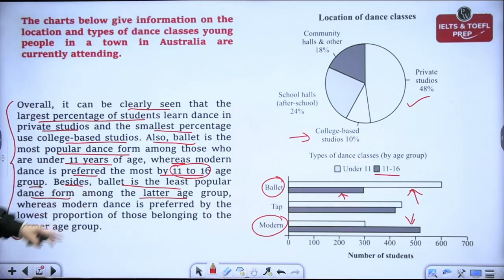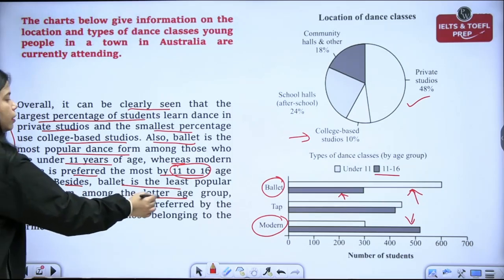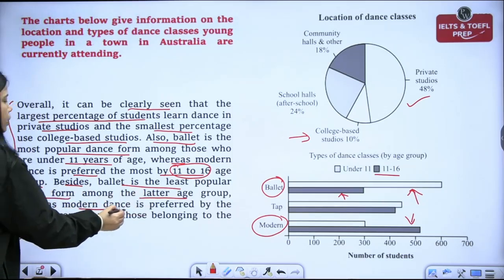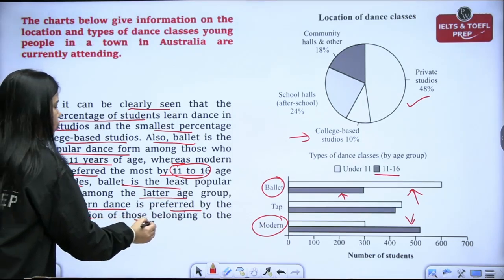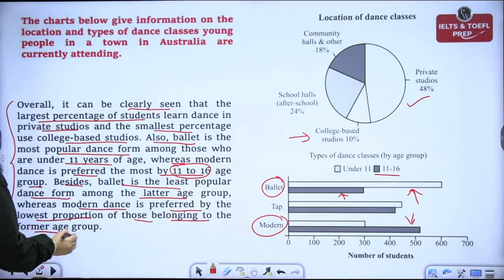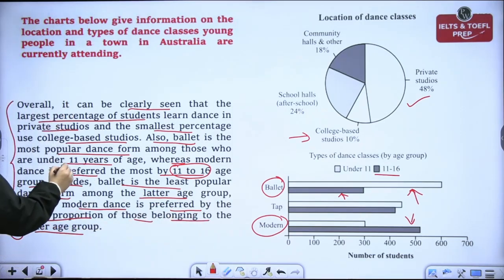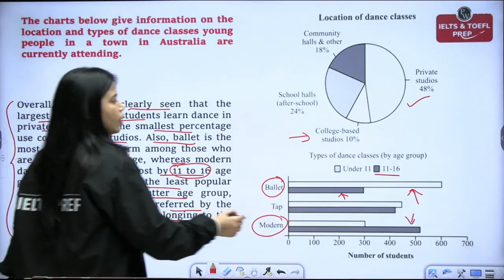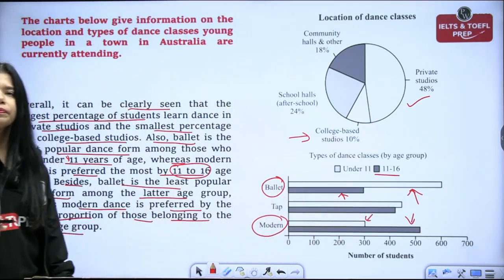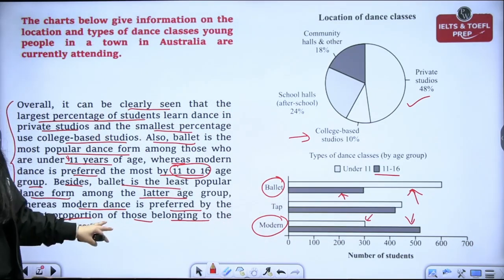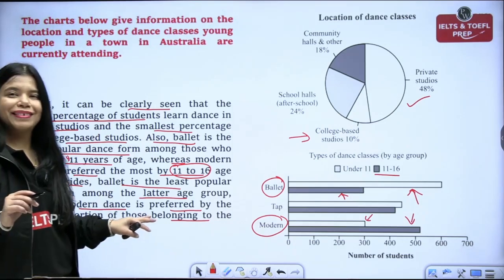So ballet is the least popular dance form among the latter age group, whereas modern dance is preferred by the lowest proportion of those belonging to the former age group. Former means the first one, that is this. So what have we written at the end here: that the under 11 category prefers modern dance the least.